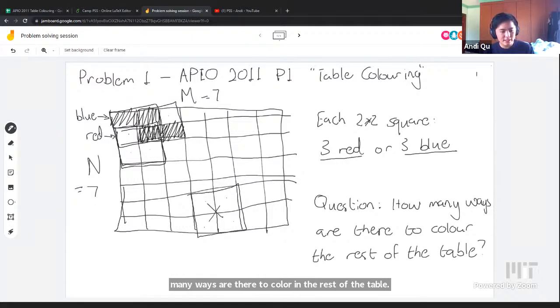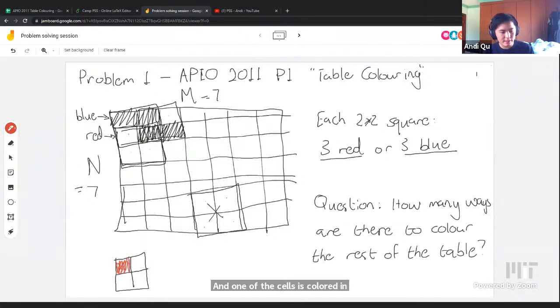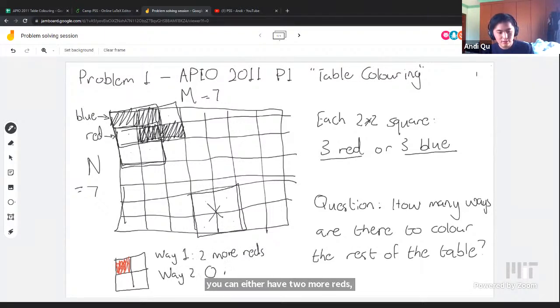Just as an example, let's say you have a 2x2 table and one of the cells is colored in red already. To color in the rest of the table, you can either have 2 more reds, or you can have 0 more reds.